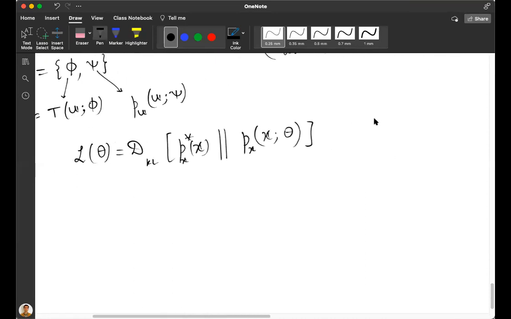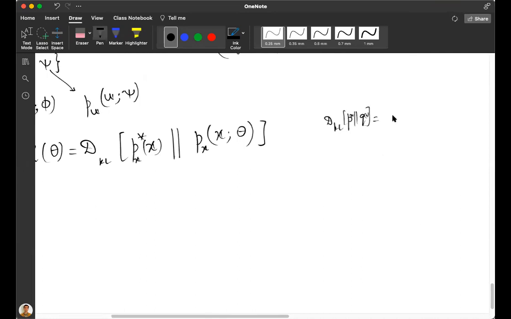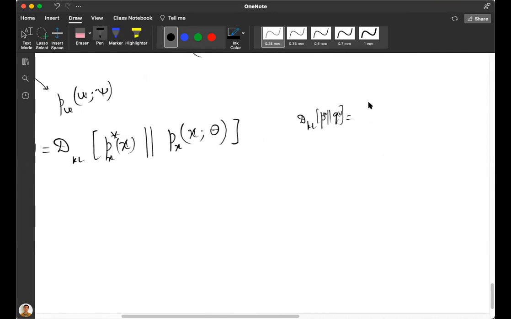Let's say the KL divergence between Px and Qx is given by, yes, integration over x. This is one dimensional.